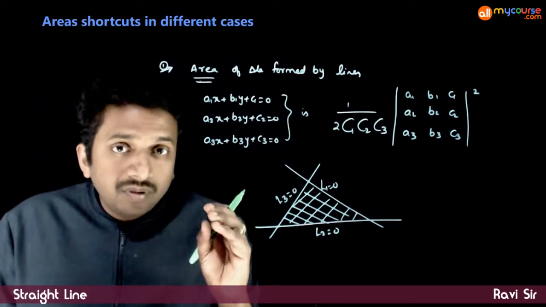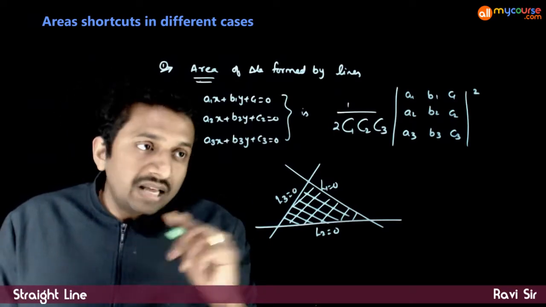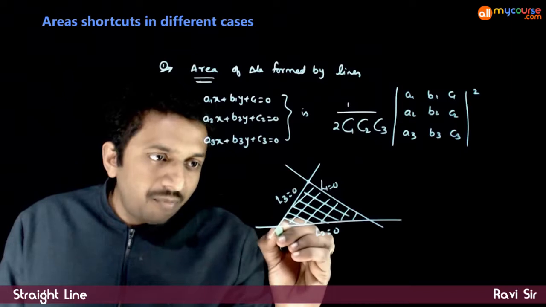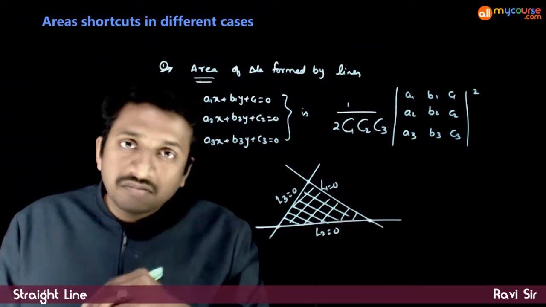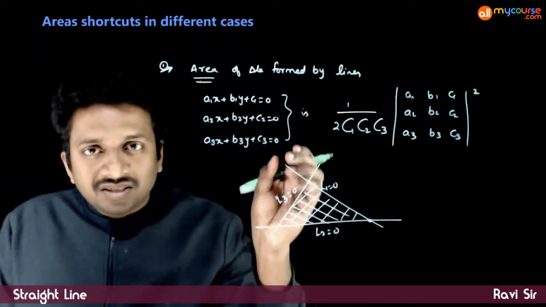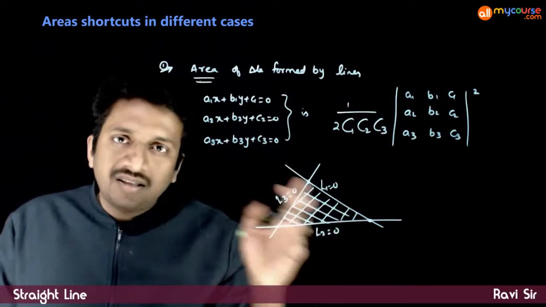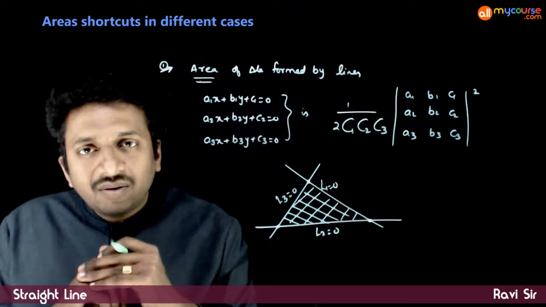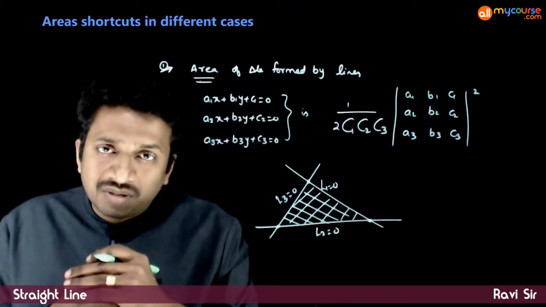If you have to physically find the area of this triangle, you first need to find the points of intersection, and from the points of intersection you can use the staircase method to find the area. That will be a big, cumbersome process.